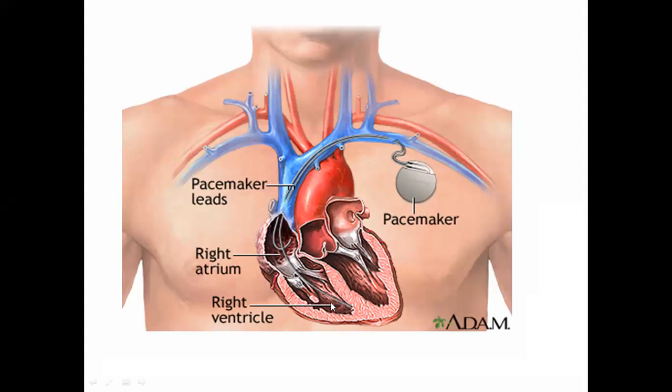This is one lead, and this is another lead. From the pacemaker it will generate the pulses to these two leads. One lead is connected to the right atrium and another lead is connected to the right ventricle.